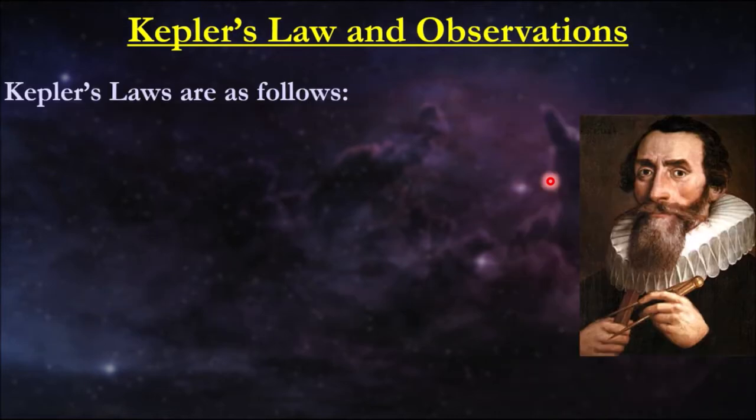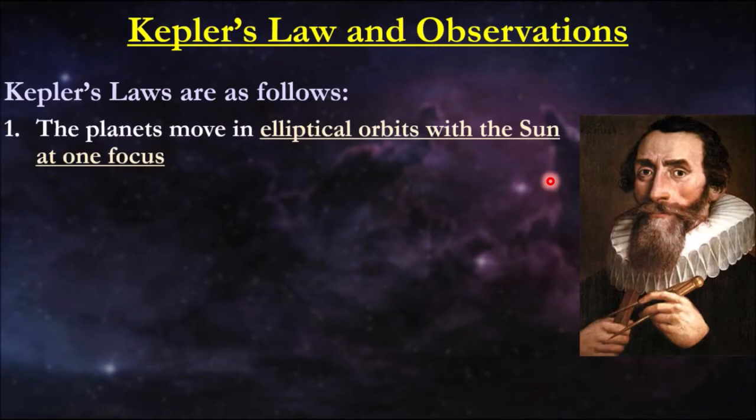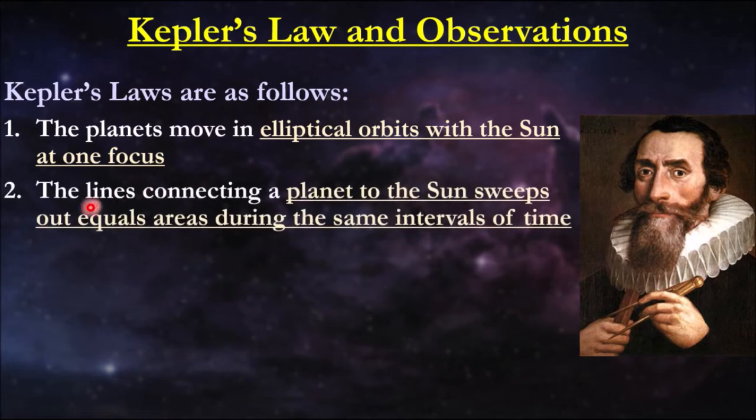So let's just quickly summarize his three laws. First law is that all planets move in an elliptical orbit around the sun at one focus, so focus as in the position of where the sun is. We also know that the line connecting a planet to the sun sweeps out the same amount of area in the same interval, even though if the planet is closer to the sun, it's traveling faster, and if it's away from the sun, it's traveling slower.